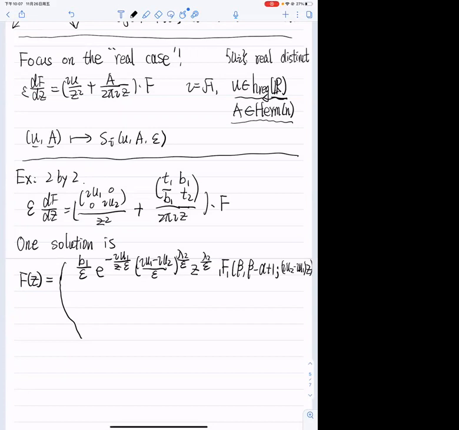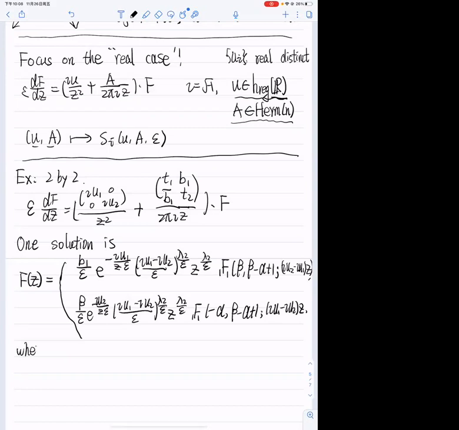So this is the first entry. And the entry in the second row, first column, takes a similar form, with u1 minus iota u2 over epsilon, lambda2 over epsilon, and another Kummer function whose entries are given by minus alpha, beta minus alpha plus 1, and then iota u1 minus iota u2 times z. And I will leave the second column.